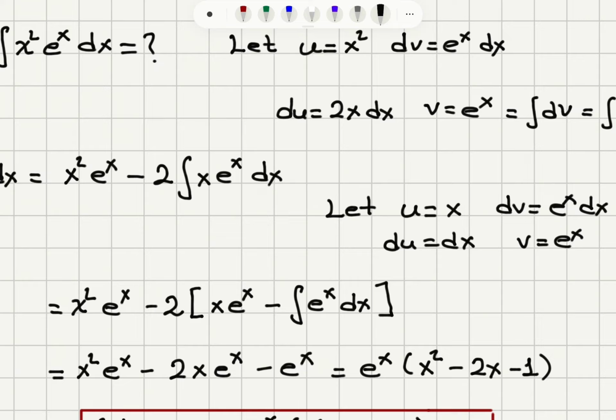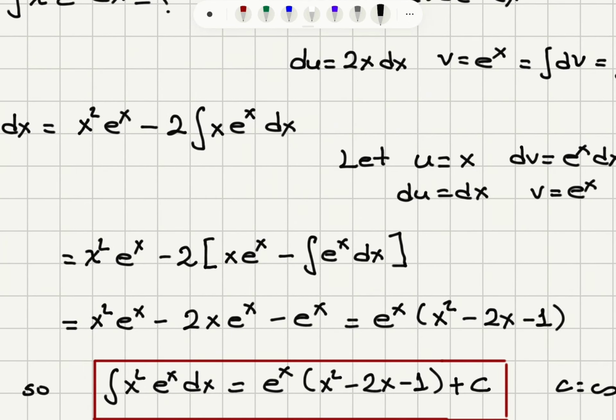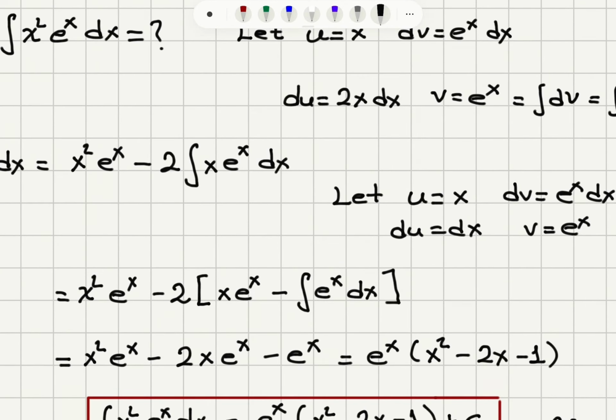The integral of e to the x dx is e to the x, and if we use the minus 2 here, so we're going to have x squared e to the x minus 2x e to the x, and here we're going to have plus 2 e to the x, of course. And so if we put this in e to the x parentheses, we have x squared minus 2x plus 2.